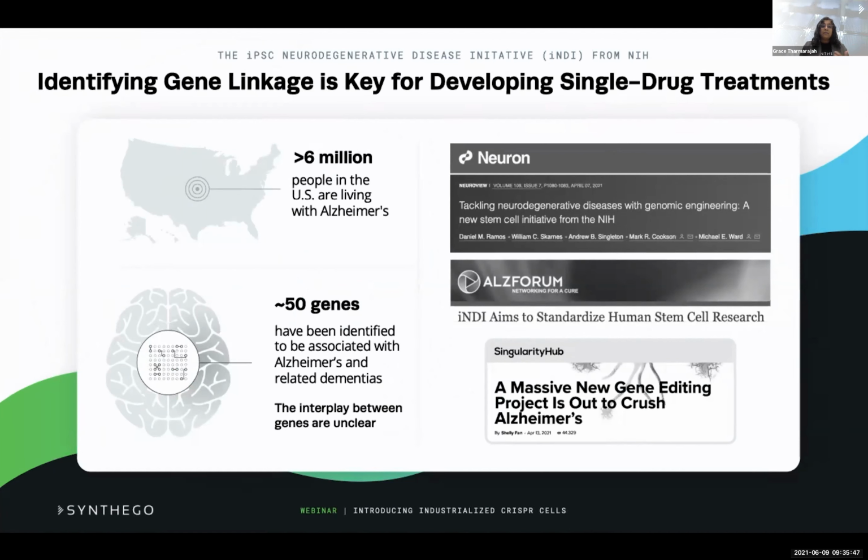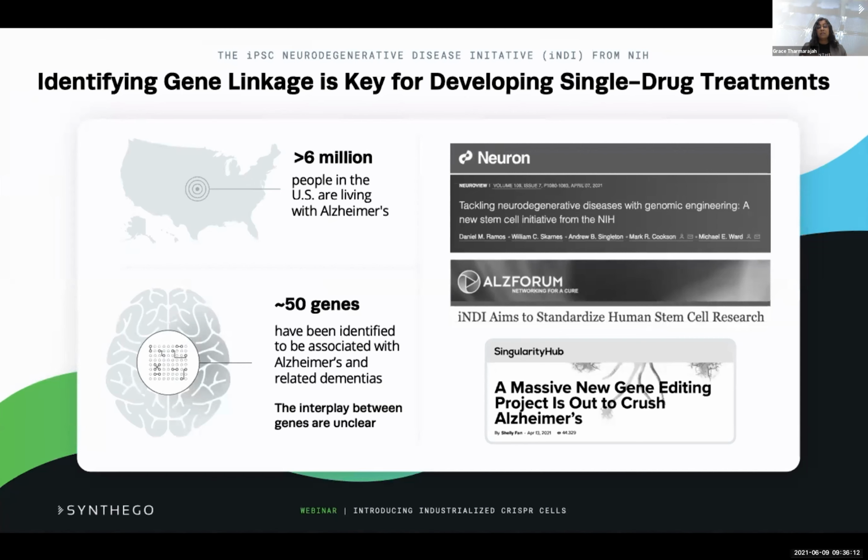So Alzheimer's disease and related dementias, so ADRD, are neurodegenerative disorders affecting more than 6 million people in the United States. Heroic efforts have been undertaken by the research community to develop disease-modifying therapies for ADRD, right? With even recent news that came out just this week or late last week.